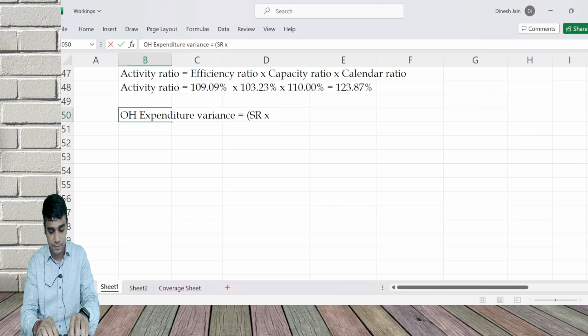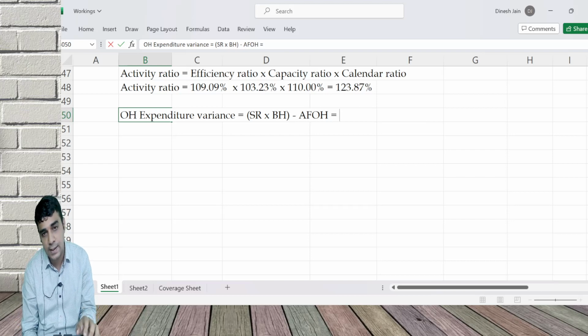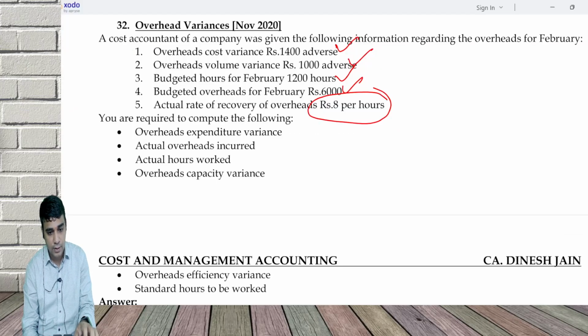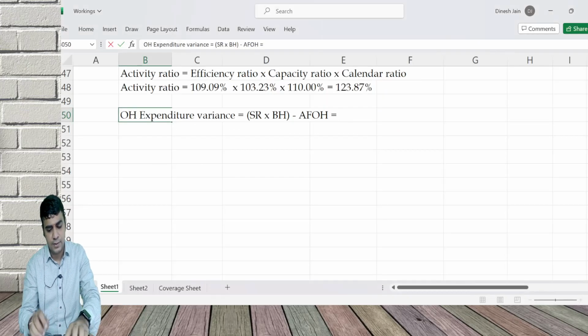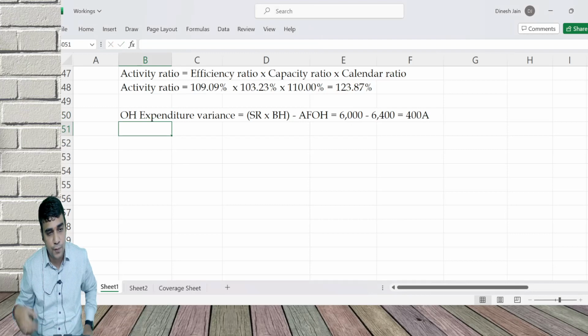SR into BH minus AFOH. Overhead expenditure variance equals SR into BH minus AFOH. How much is SR into BH? AFOH. 400 adverse.